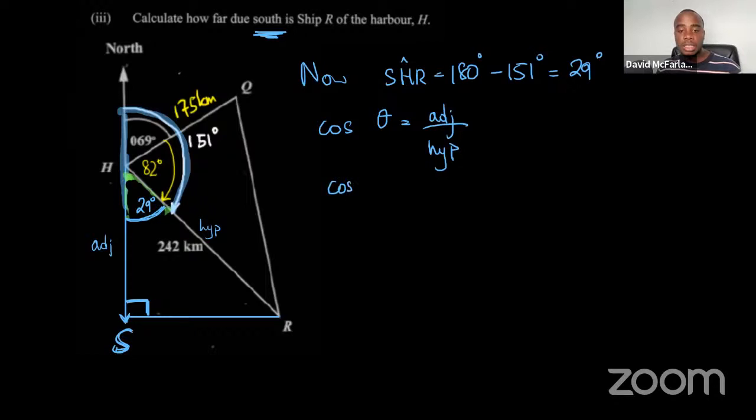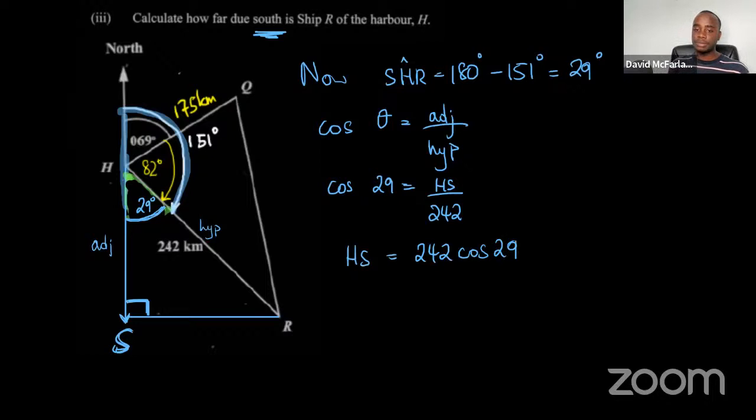So our angle is 29. Our adjacent side is HS, we just call it that. And the hypotenuse is 242 kilometers. So that means for HS, we multiply both sides by 242. HS is going to be equal to 242 times the cosine of 29.